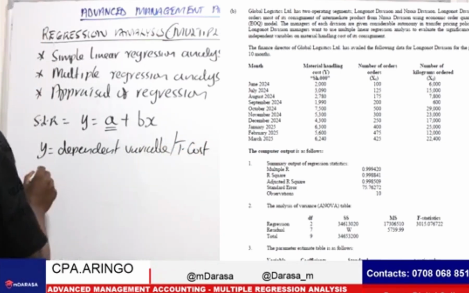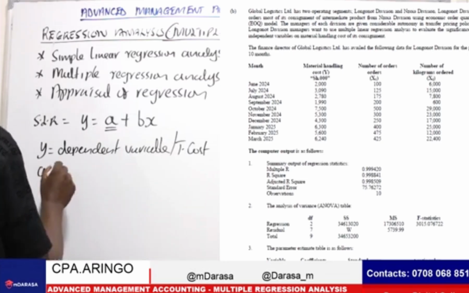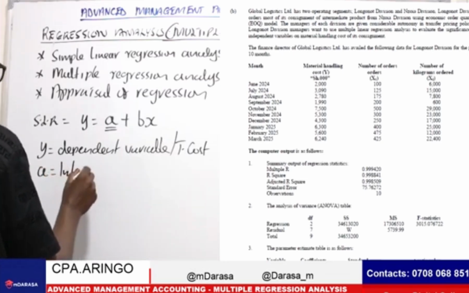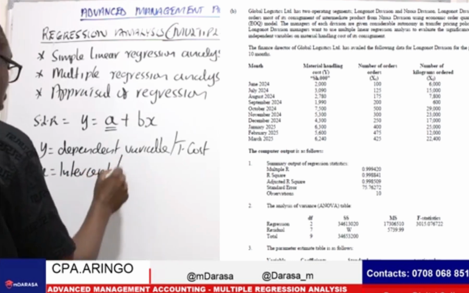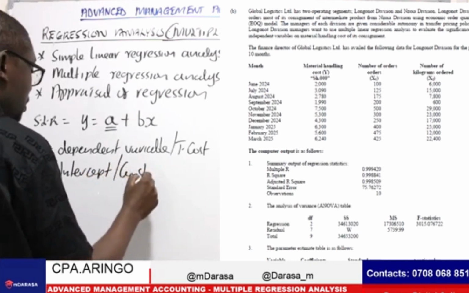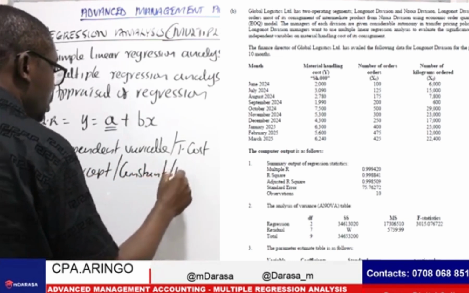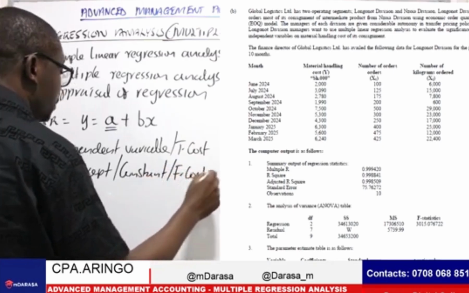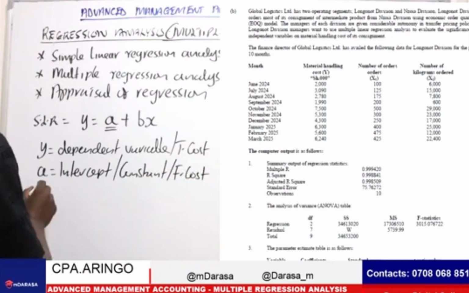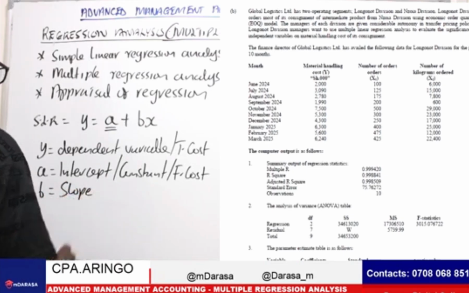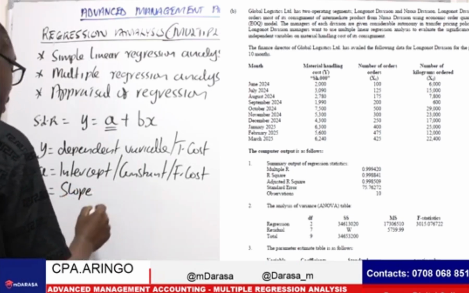We have a, which will always give us our constant, or many a times we normally refer to it as the intercept. These are the intercept, the constant, or simply the fixed cost. Then we have b. B is always our slope, or the variable that we're looking at.